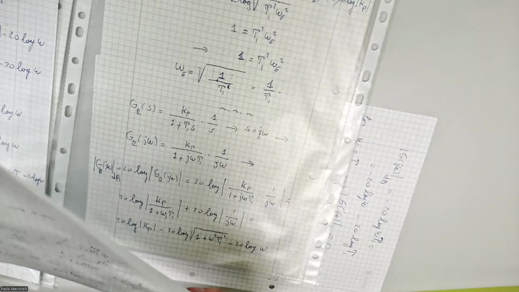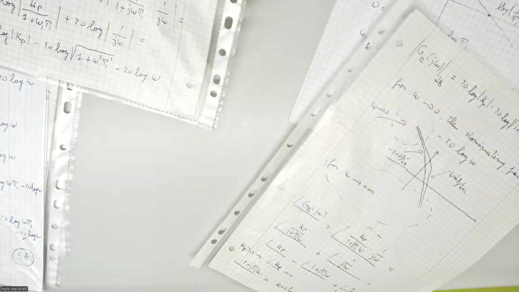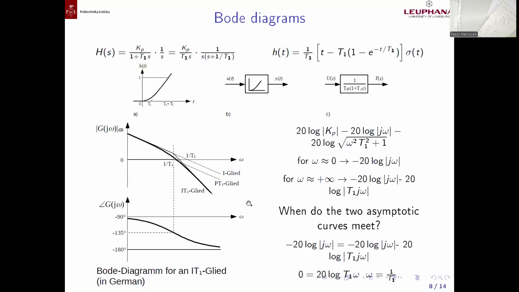What happens now in case I don't find the last transfer function which I want to consider, and then we conclude this year.